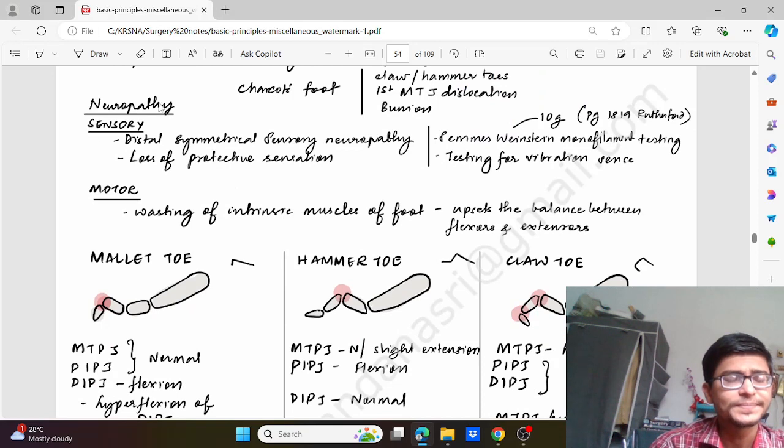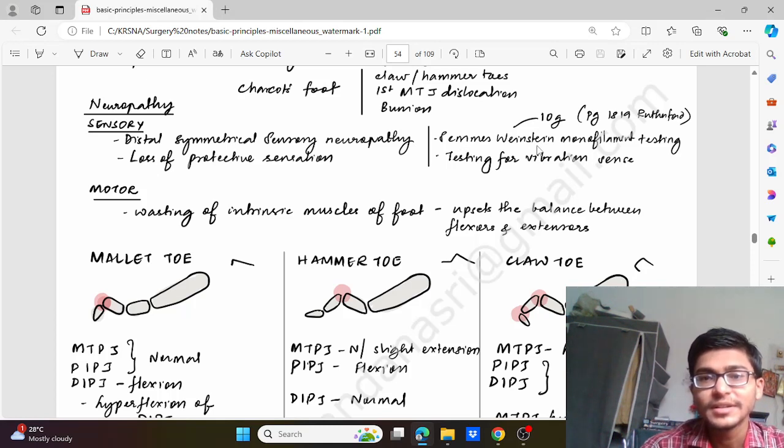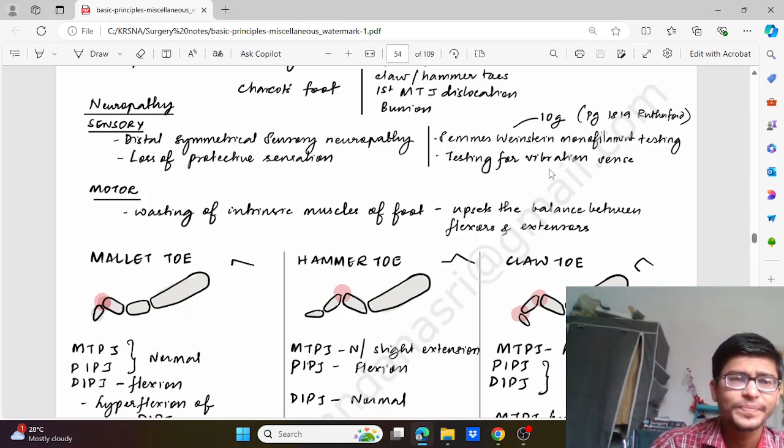Now we see the neuropathy, sensory. In sensory, we have distal symmetrical sensory neuropathy, with loss of protective sensation. The tests used are Semmes-Weinstein monofilament testing and testing for vibration sense.